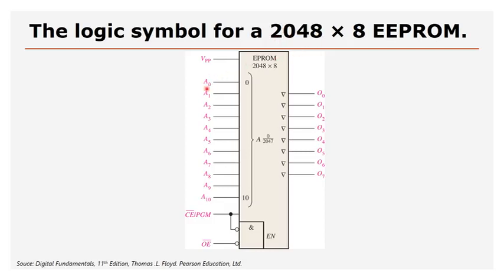And this is why your address bus, similarly to the RAM, in this case will range from A0 up to A10, which is 11 lines. So this is why we've got 11 lines for a 2K device. And again, by 8, as you can see here, there will be 8 output lines. But as you can see here, they just basically refer to O for output.